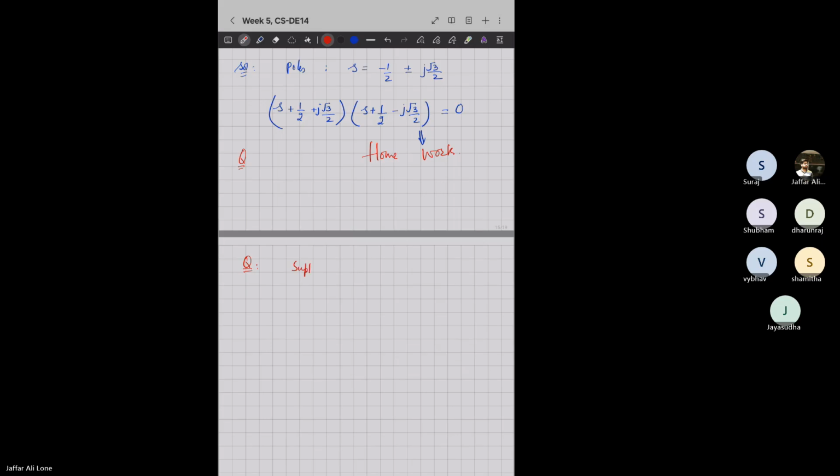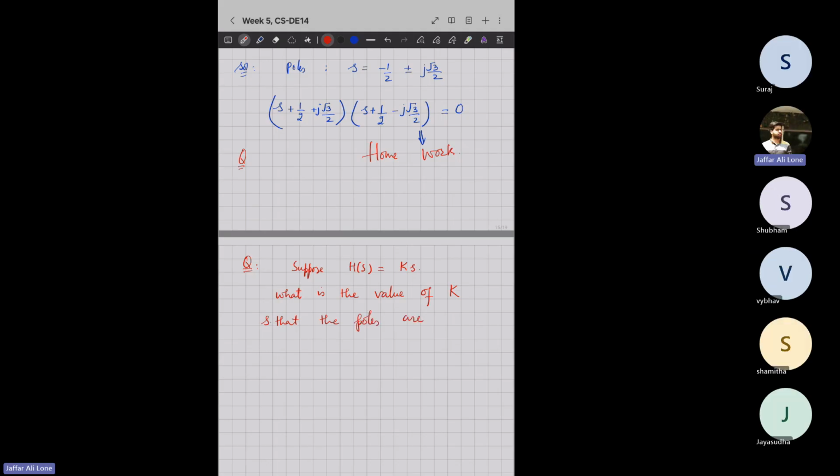suppose H of s is equal to k into s. What is the value of k such that the closed loop poles are at minus 1 by 2 plus minus j under root 7 by 2.